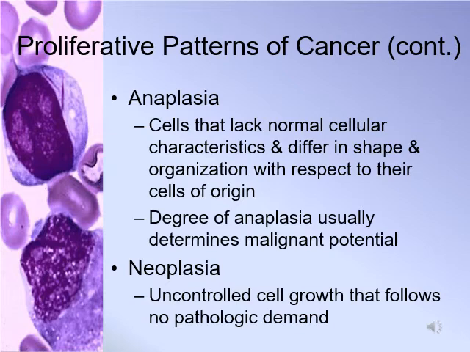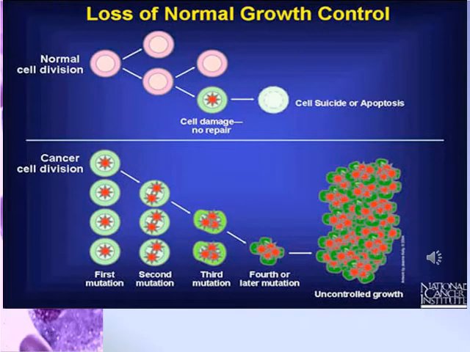pathological demand or pattern. This slide is showing you what normal cell division is supposed to look like, and the body, of course, is made up of many types of cells, and these cells grow and divide in a controlled way to produce more cells as they are needed to keep the body healthy. When the cells become old or damaged, they die and are replaced with new cells.